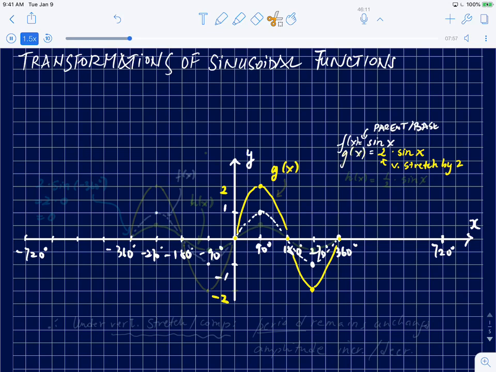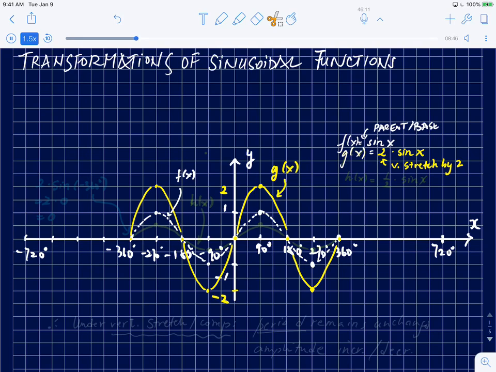Yeah, well, max, I'm doing the main function, the parent, but yes, the transformed would be there. Okay, so this one in here is our f of x, and that was our g of x.